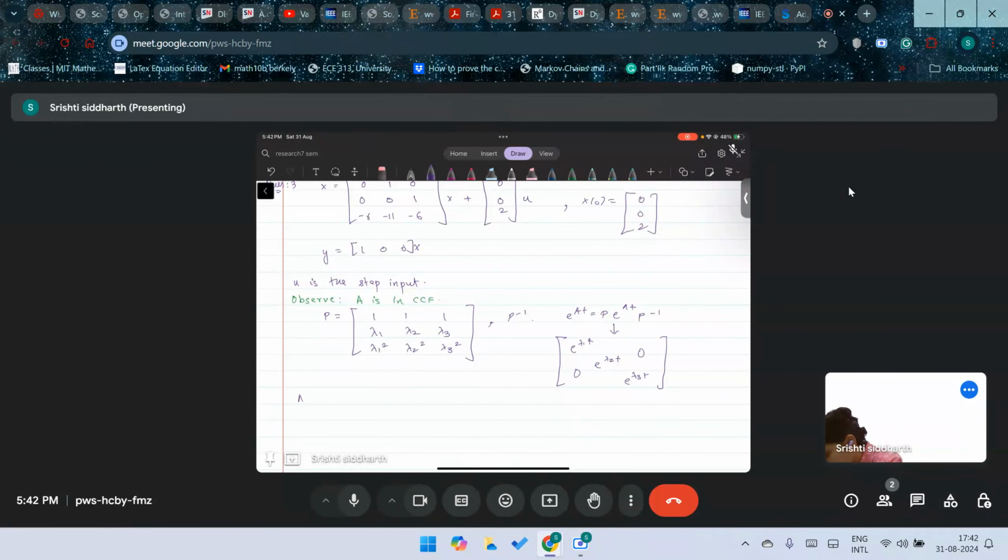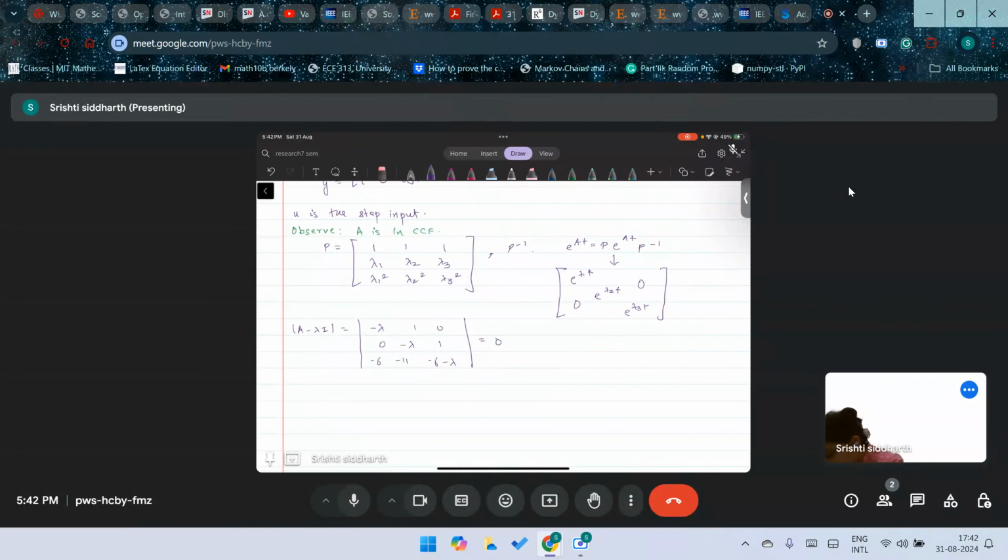So the determinant of A minus lambda I is 6 lambda plus lambda square plus 11, minus 1.